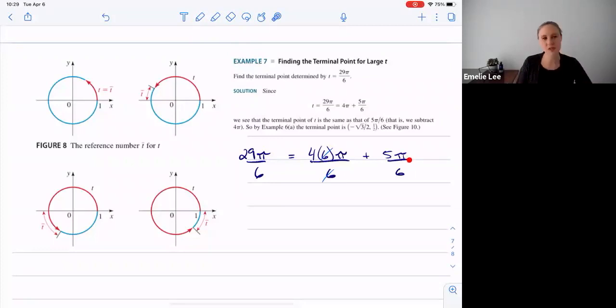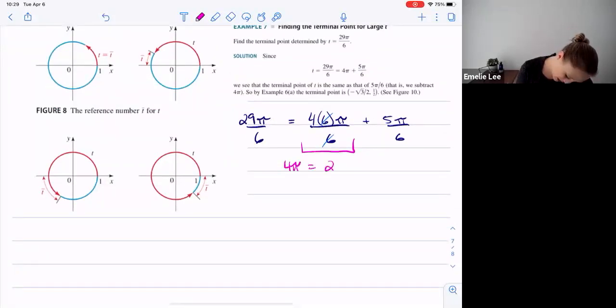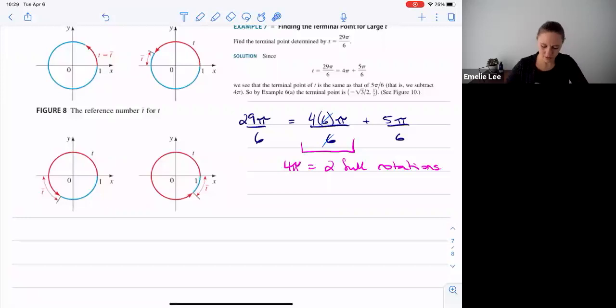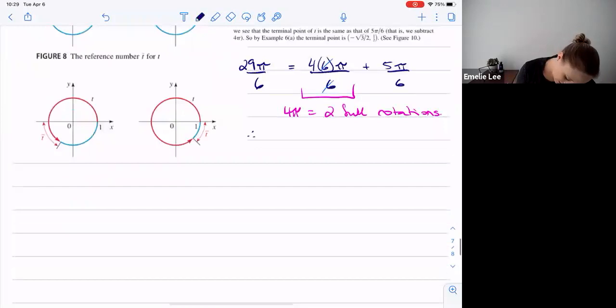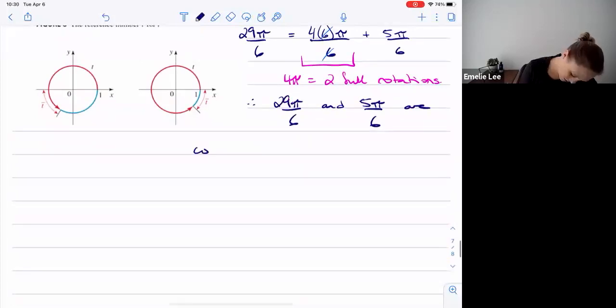And 5 pi over 6 is going to be coterminal because 4 pi equals 2 full rotations. So 29 pi over 6 is coterminal with 5 pi over 6. 5 pi over 6 is reduced as much as we can, and we can also grab 5 pi over 6 from that unit circle that I gave you. So therefore 29 pi over 6 and 5 pi over 6 are coterminal.